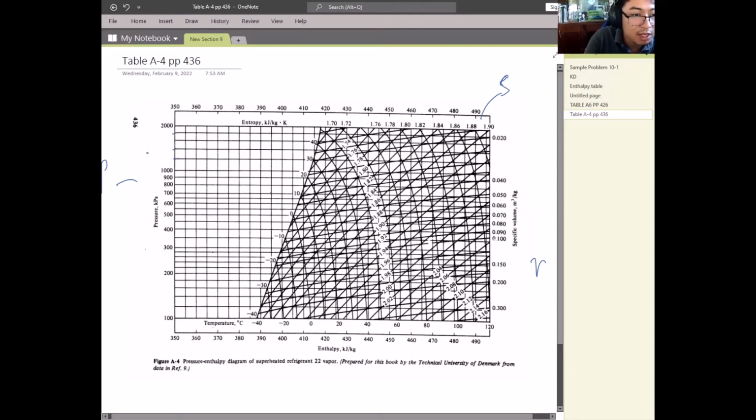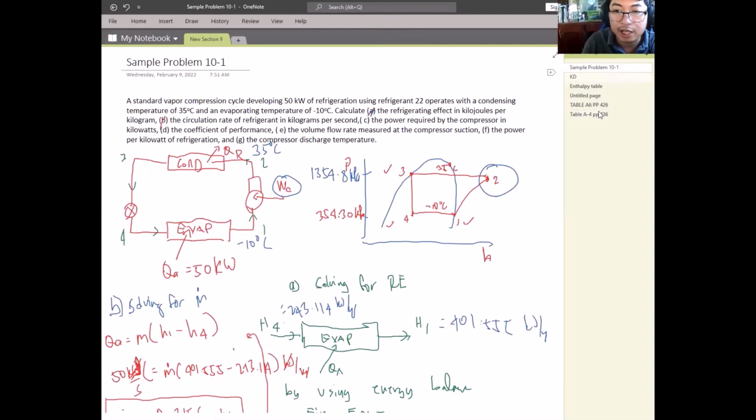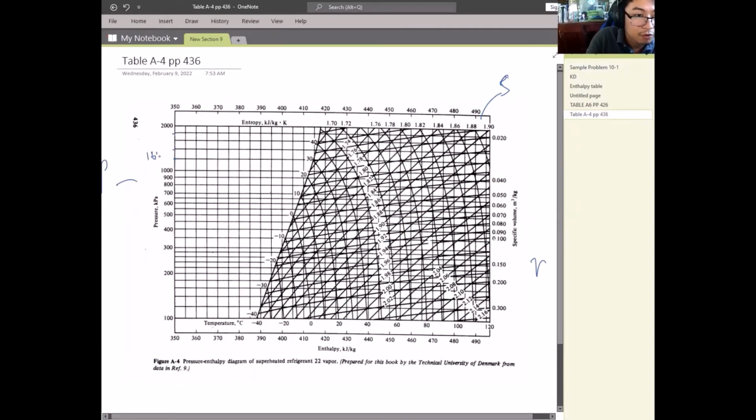The 1,354.8 is on this line, so we will draw a horizontal line.